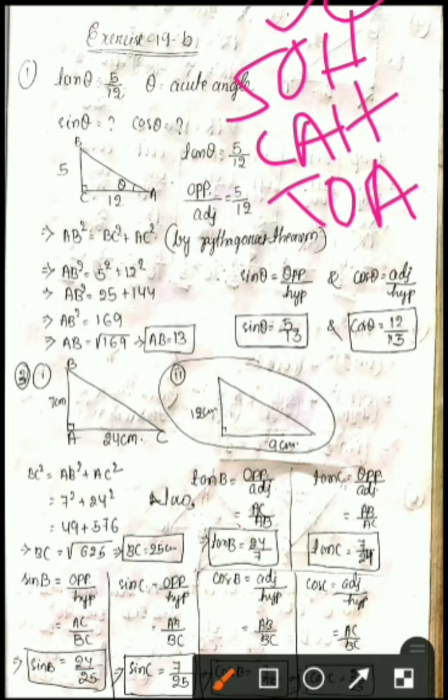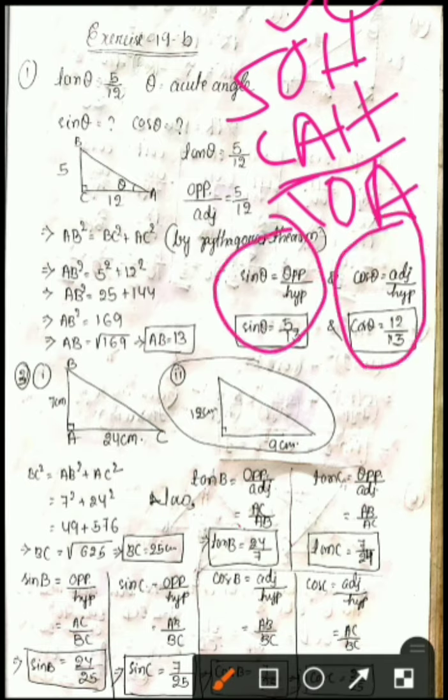BC, and the hypotenuse is AB. BC by AB, that is 5 by 13. Same way, CAH for cos theta equals adjacent by hypotenuse, that is 12 by 13. That's the answer we got: sin theta equals 5 by 13, cos theta equals 12 by 13.